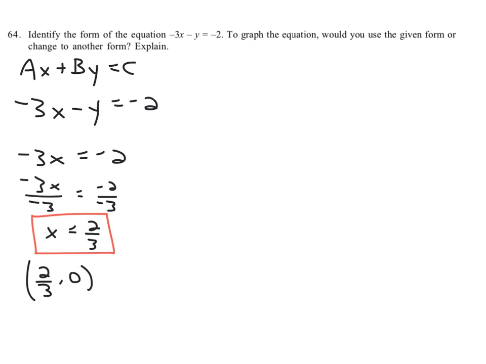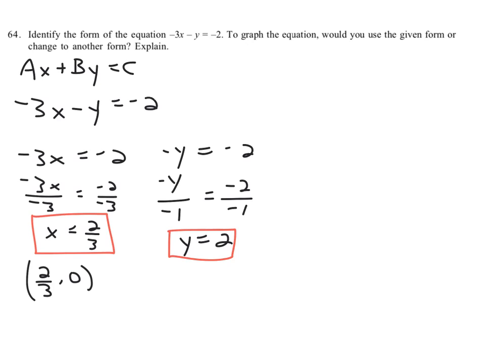Okay, and then you could take just the y term, set it equal to the constant, and then divide by the coefficient, in this case negative 1, and you can say y equals 2, and that is the place where it intersects the y-axis. So that would be 0, comma 2. And you could graph it that way. Okay?